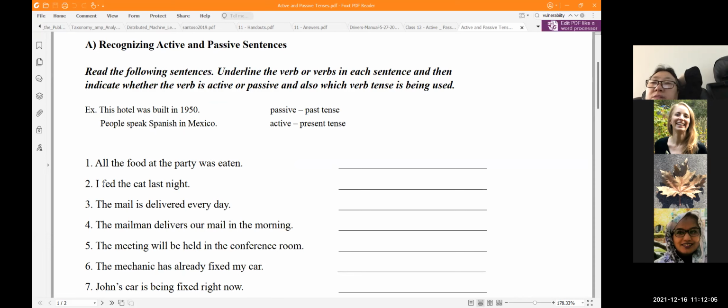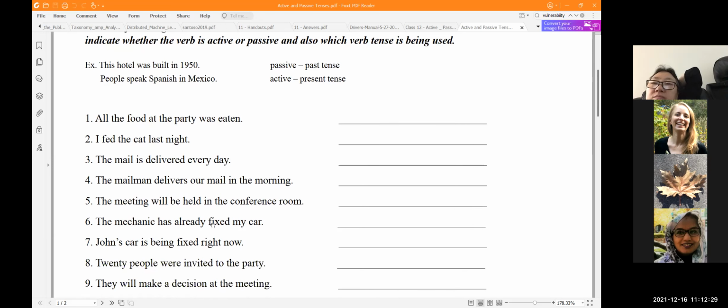I fed the cat last night. That's the active and the past. The tense, the past, last night. Past, yes. Voila.